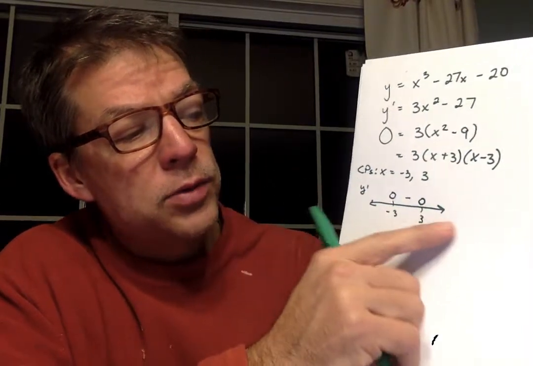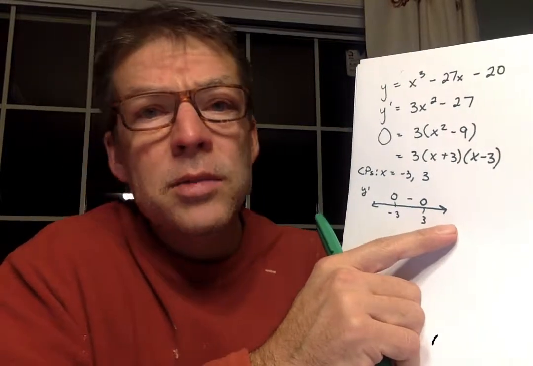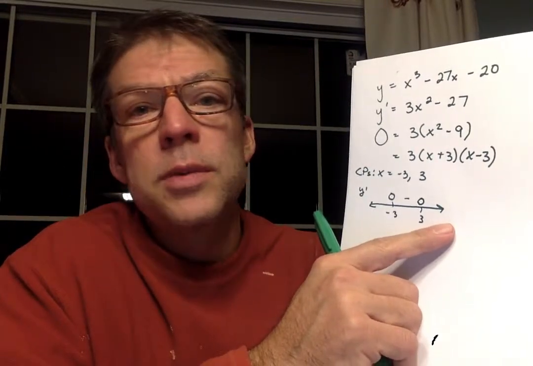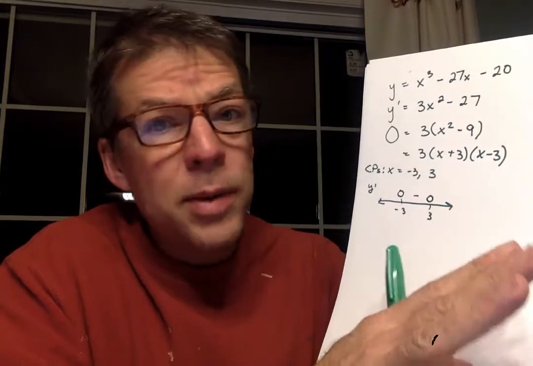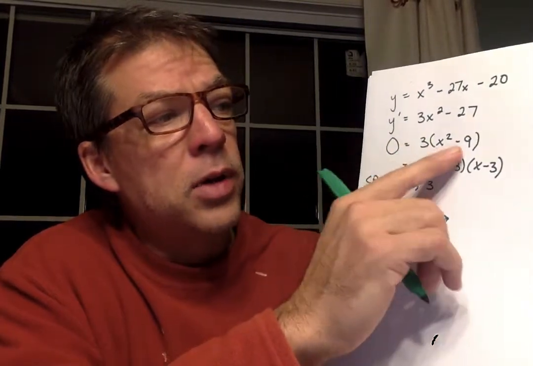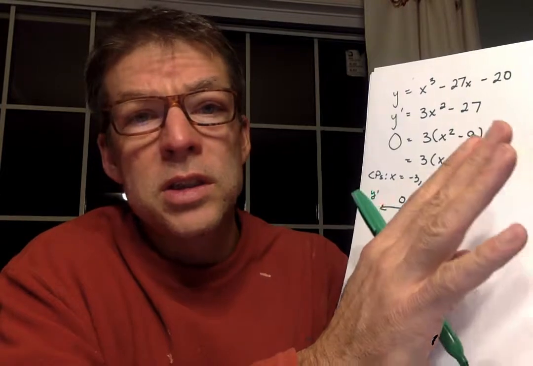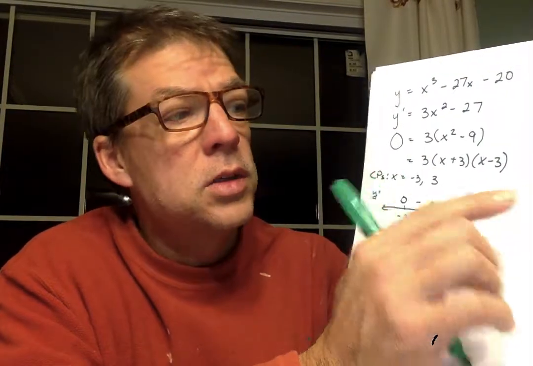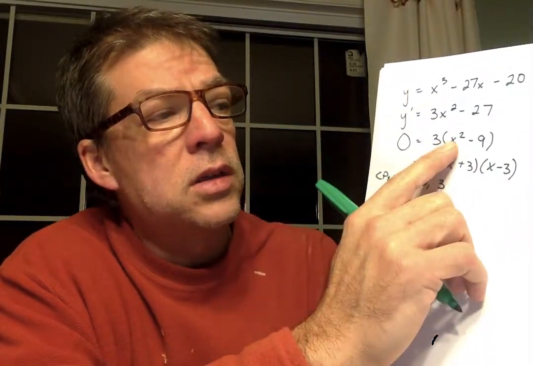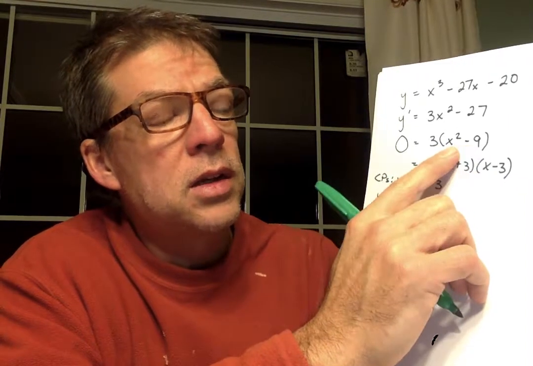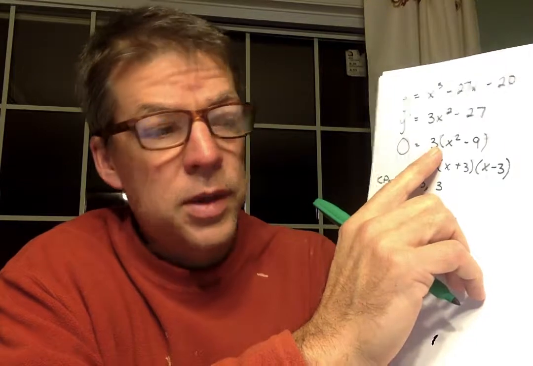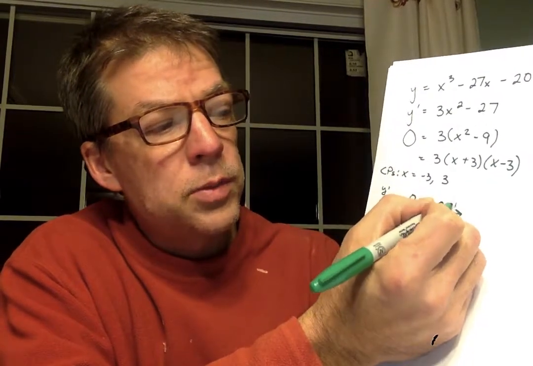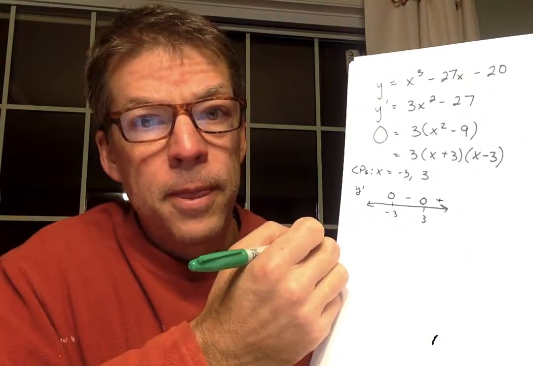So let's do the positive one first because that's easier. And a lot of times I just plug in some obnoxiously big number to make the arithmetic easy because I don't actually care about the value of y prime. I'm only looking to see what is its sign, positive or negative. So plug in, I don't care, like 1,000. If you do 1,000 squared minus 9, it's definitely positive. Times a 3, definitely positive. So I would put a little plus sign over here, okay?